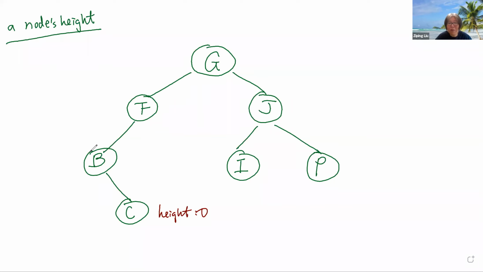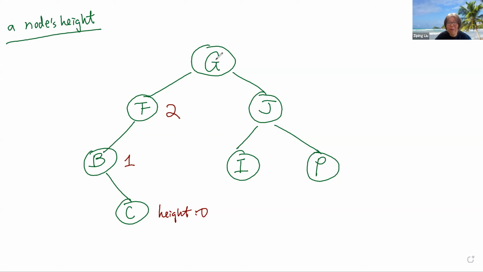How about node B? From node B to the leaf node, the longest path is BC. You only have this one arc, so its height is 1. And how about F? From F to a leaf node, the longest path is F to B and B to C. So you have 2 arcs, and the height is 2.